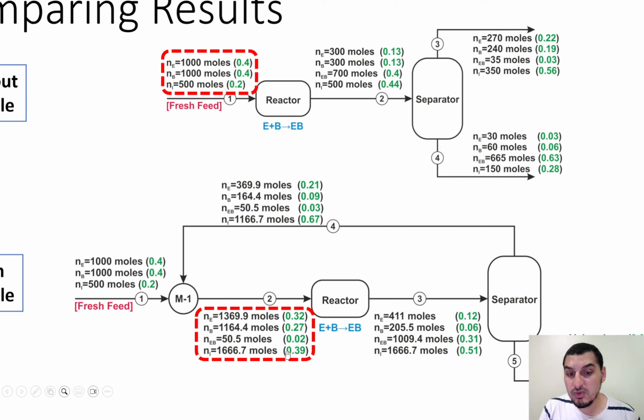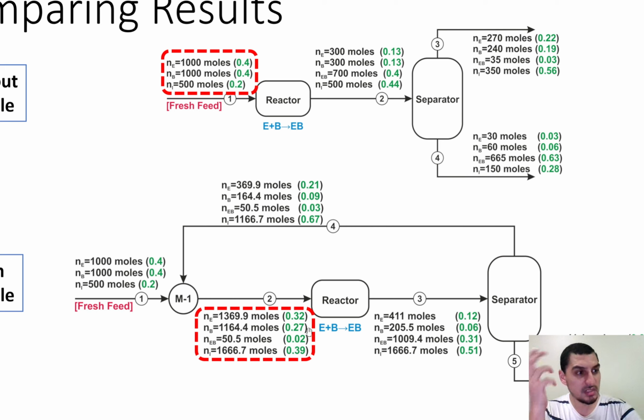So the concentration of inerts in the feed stream to the reactor is now 39%. So a very big part of the feed to the reactor is inerts, and this leads to the dilution of the main reactants, which are ethylene and benzene. Here it was 40% ethylene, 40% benzene. Now it is 32% and 27%. It's very important for you to know.